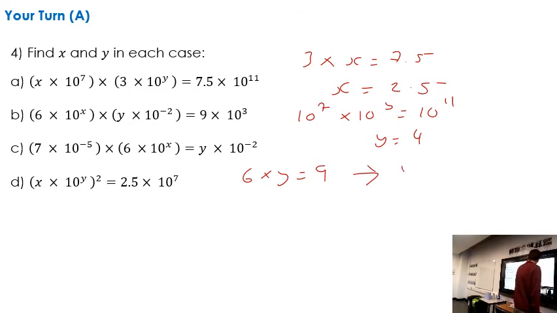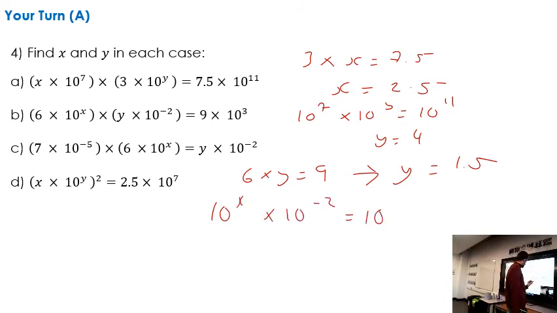Therefore, our y value has to be equal to 1.5, and powers must equal to 3. So we've got 10 raised to x times 10 raised to negative 2 is equal to 10 raised to 3. So here our x value must equal to 5. So 5 minus 2 is equal to 3.